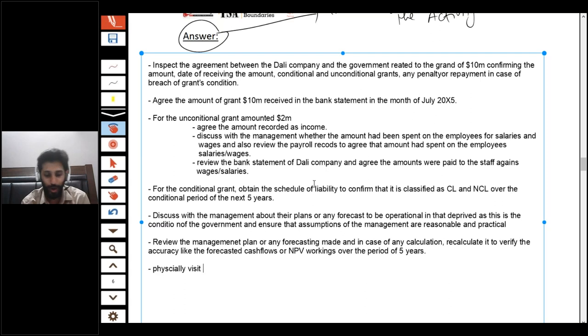Now you do not need to write the word inspect. You are not going to inspect the area. When you are visiting somewhere, you should use the word visit.